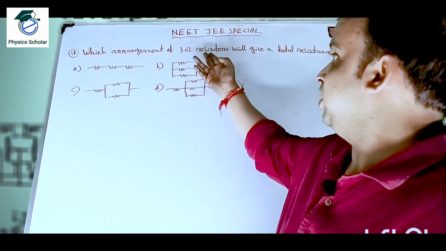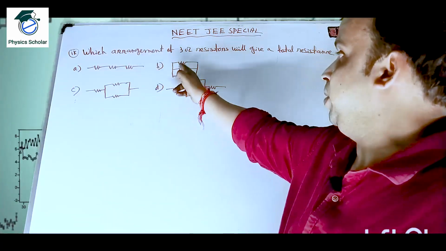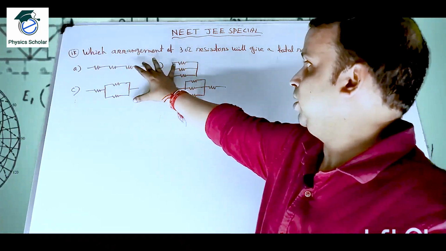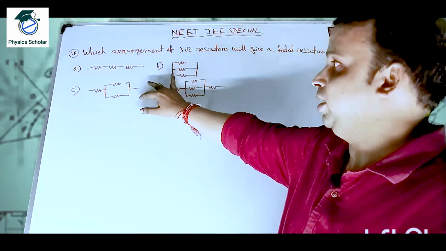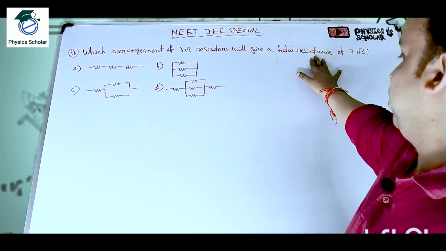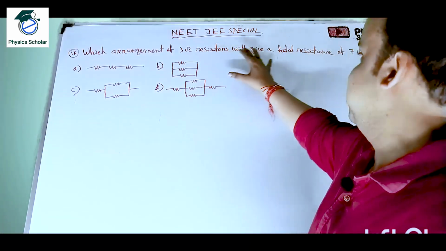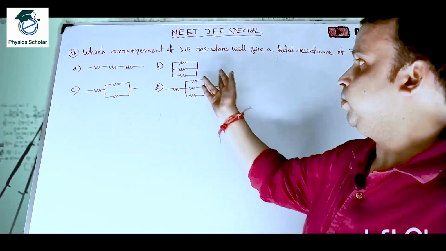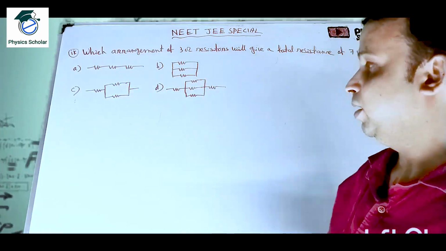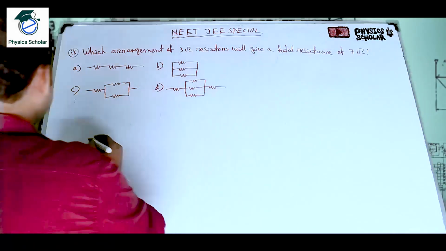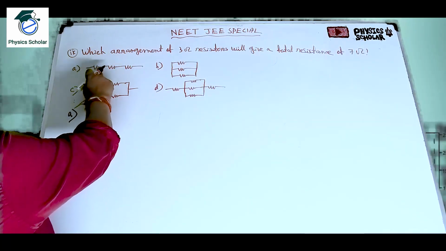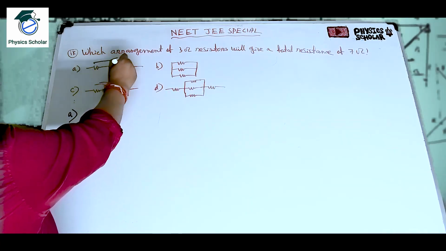Okay students, so here the value of every resistor is 3 ohms, clear? So 4 combinations are given in the form of electrical circuits. Now we have to find out which circuit is correct, so that the equivalent resistance is 7 ohms, clear? So now we have to check. See, for circuit 1, these 3 are in series, clear?